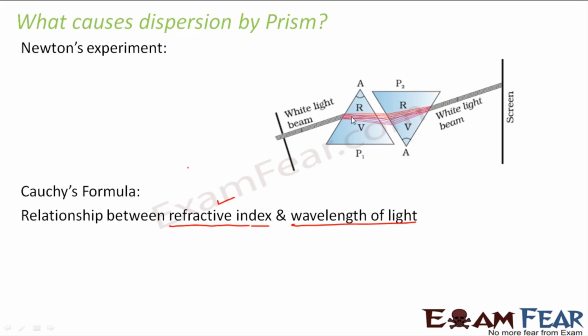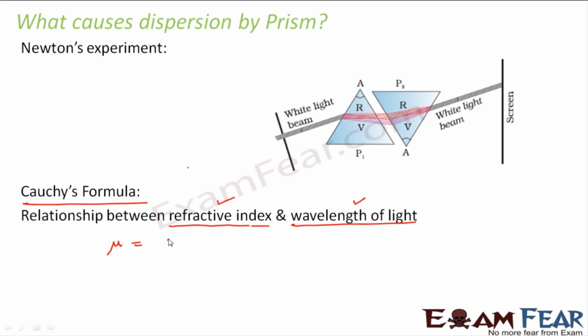Now, when this white light beam enters the prism, each color present inside the white light has a specific wavelength of its own, right? And he told that each wavelength is related to the refractive index by a formula. So what was that formula? That formula was popularly known as Cauchy's formula.